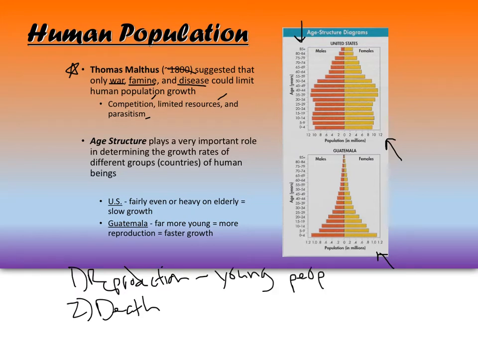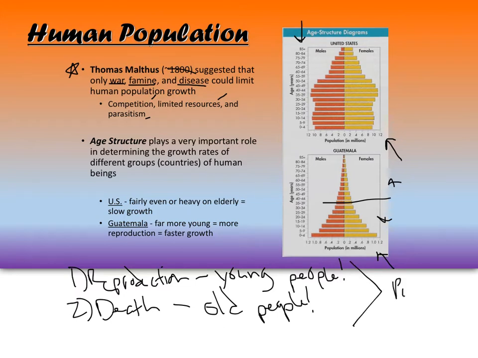The more younger people you have, so the more people kind of in the bottom half of one of these graphs, the more reproduction you're going to get. Death, well, it can occur to any of us at any time, tends to be more of an old person thing. So the more people you have on the upper half of your graph, the more death you're probably going to have. Now, what this allows us to do is make a determination about population growth.